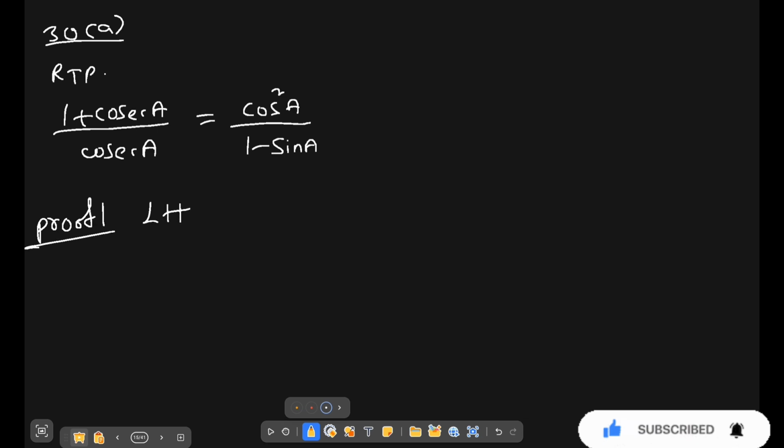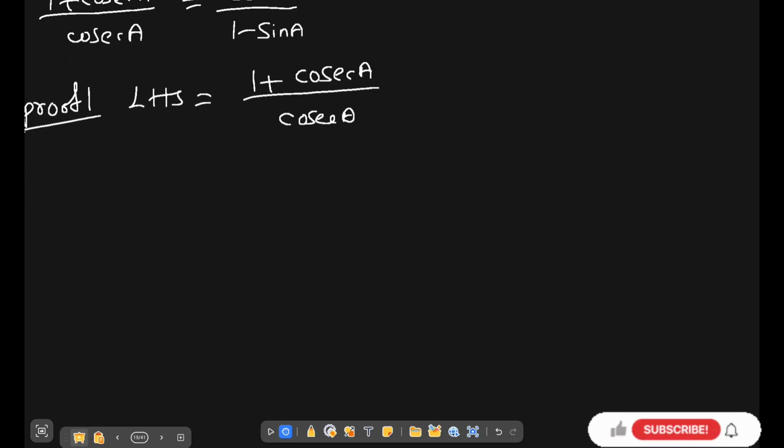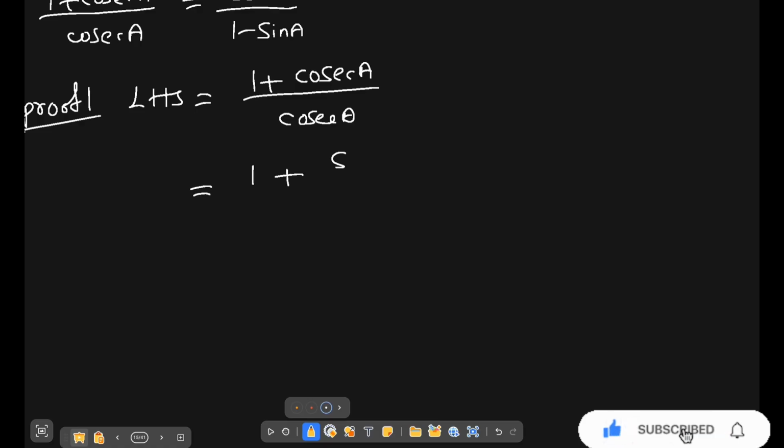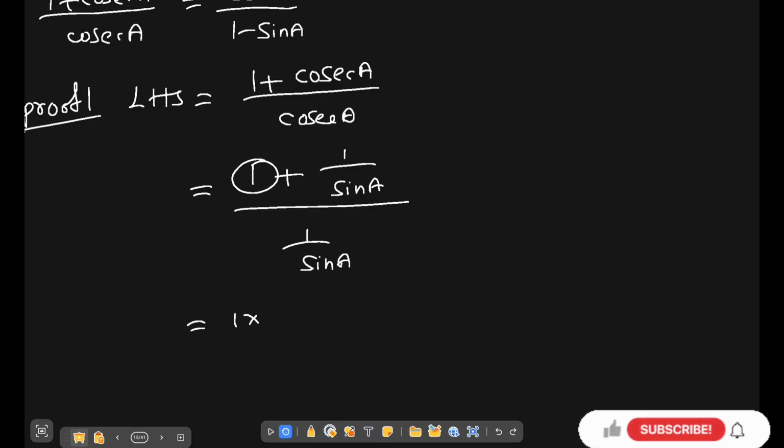So what is LHS here? (1 + cosec A) / cosec A. We know that cosec A can be written as 1 / sin A. So 1 + 1/sin A, whole by 1/sin A. Here multiply this 1 with sin A by sin A to make denominators equal.